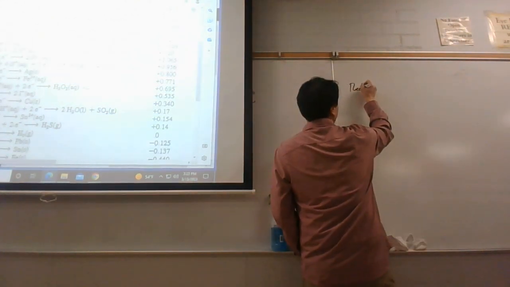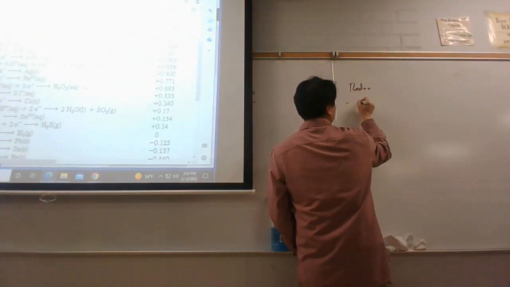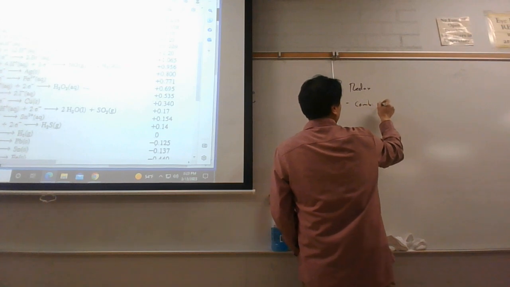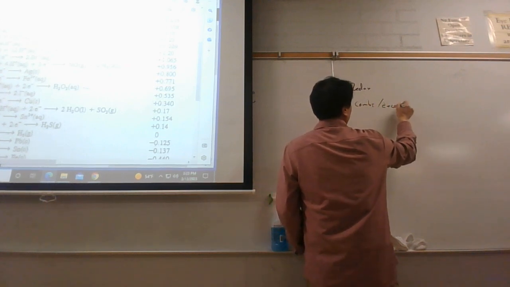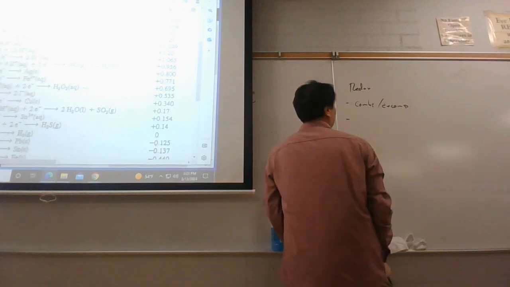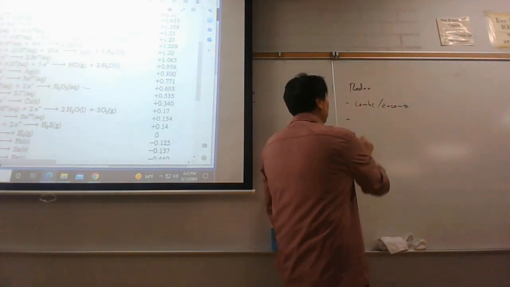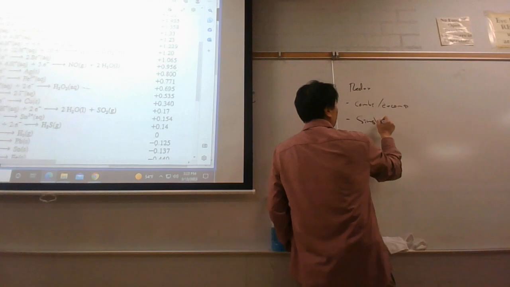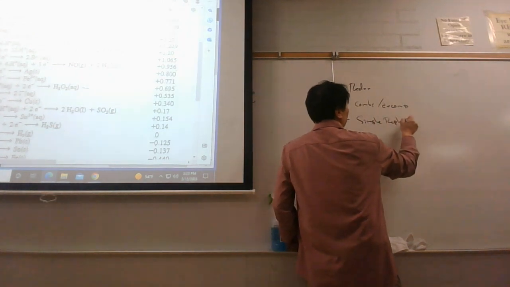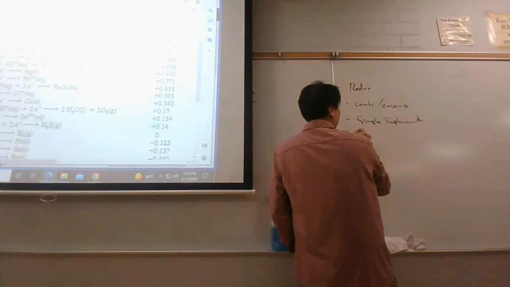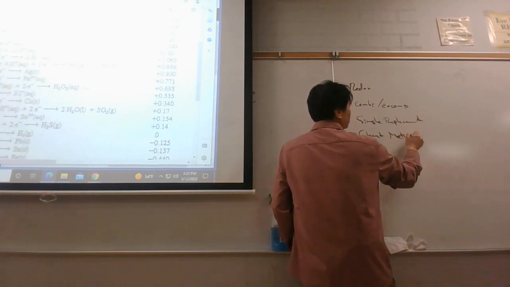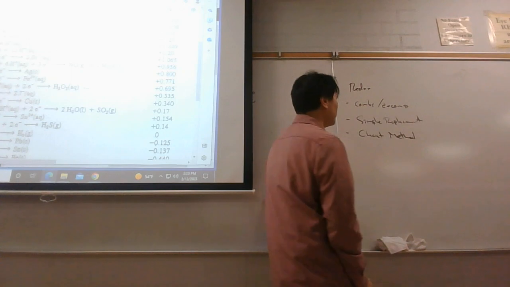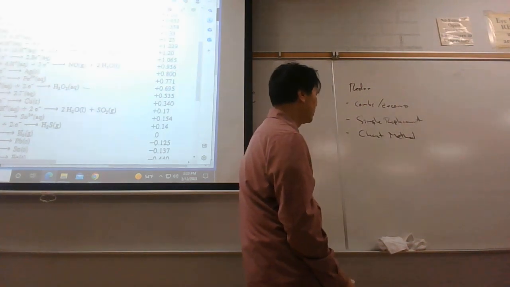So for redox, we have the combination, decomposition. For elements, compounds. We have single replacement. We have the chart method. Chart method you could use in lieu of the single replacement. And the chart method is a bit more powerful than single replacement.